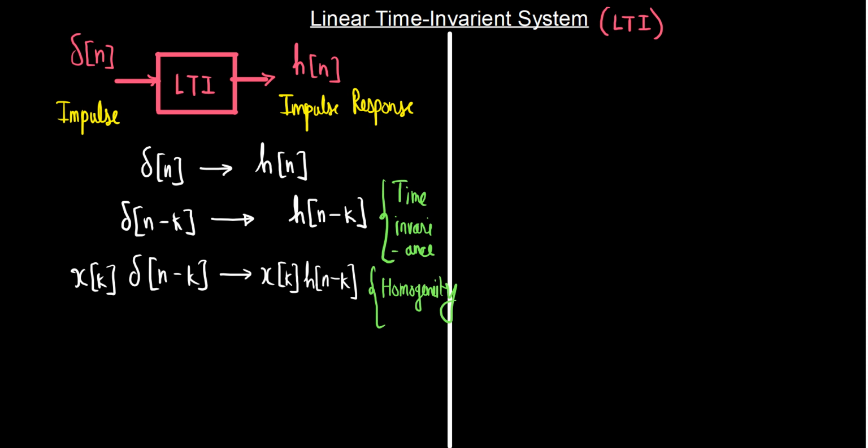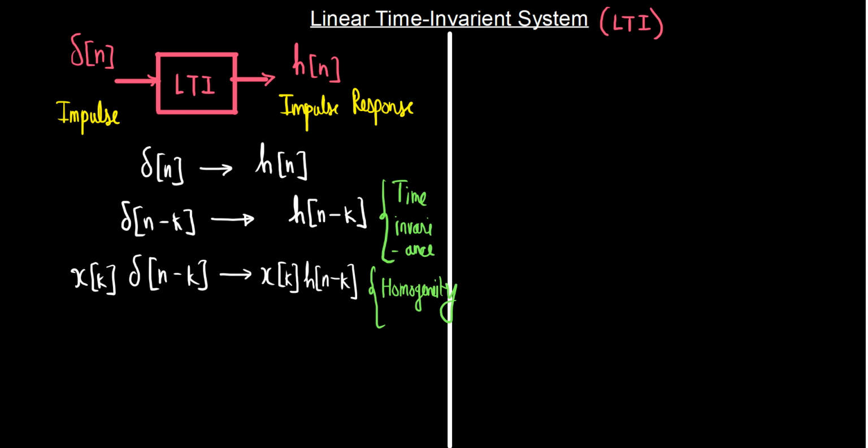Now let's impose the last property, that is additivity. We know that the system is linear as well as time invariant, so we have imposed the linearity property here. In order to apply the linearity property, we have firstly imposed homogeneity, and now we are imposing what is called additivity.